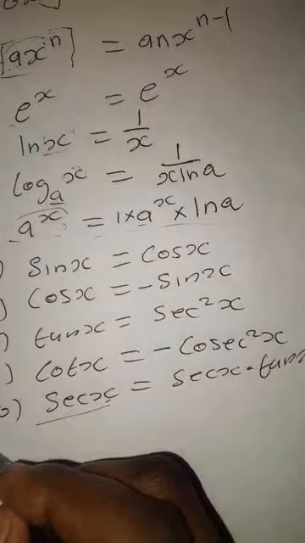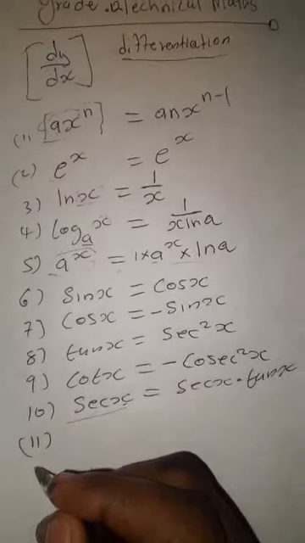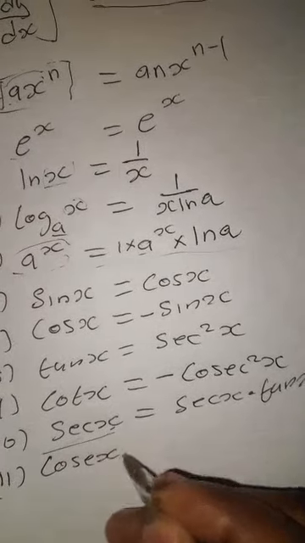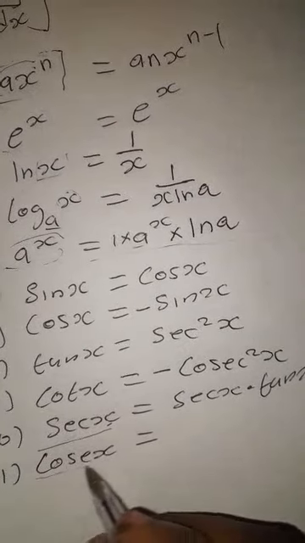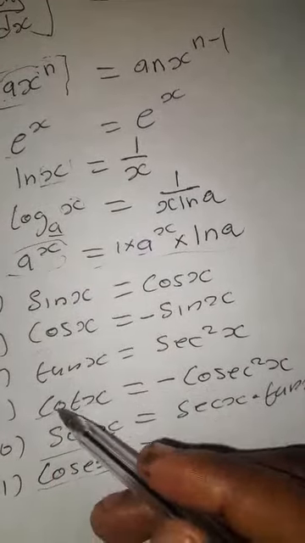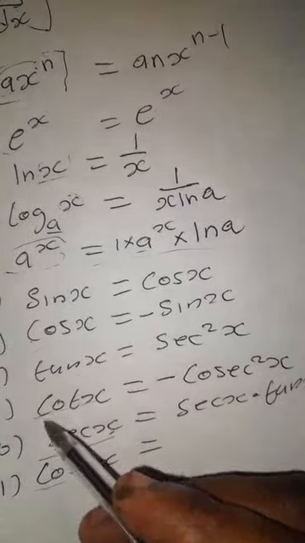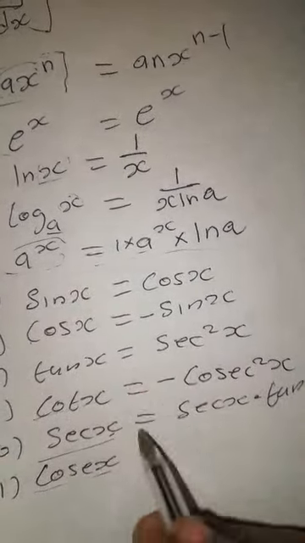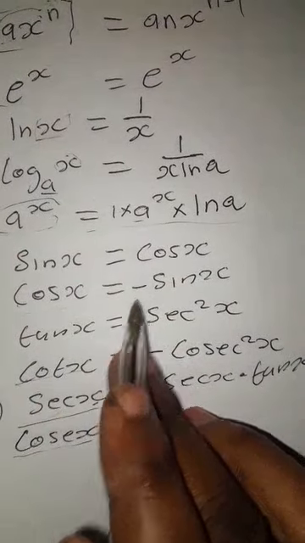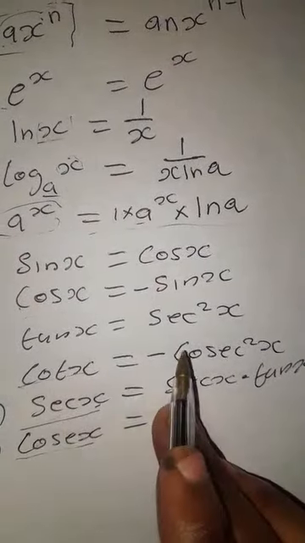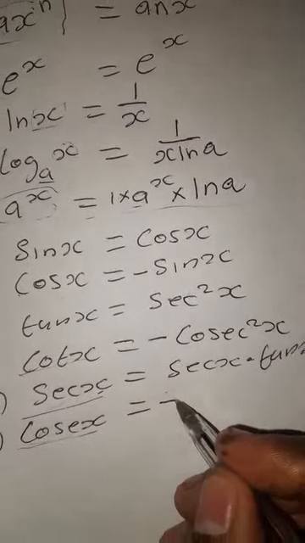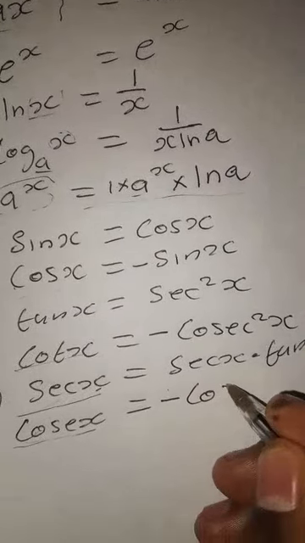Then what is important again for you to know is that when you're given cosec x, note that all of those that start with c, when you differentiate them, become negative. This one also will become negative. You take this here, it will be minus cosec.